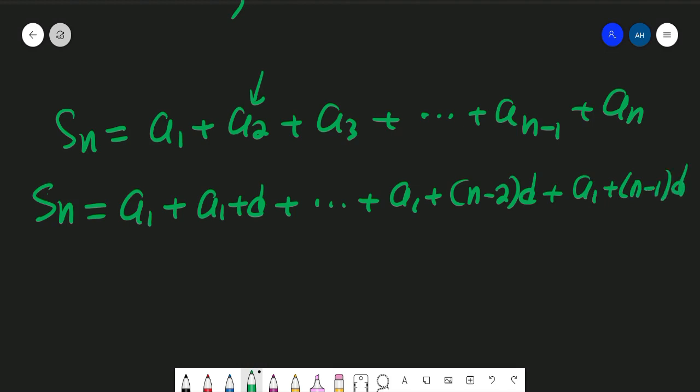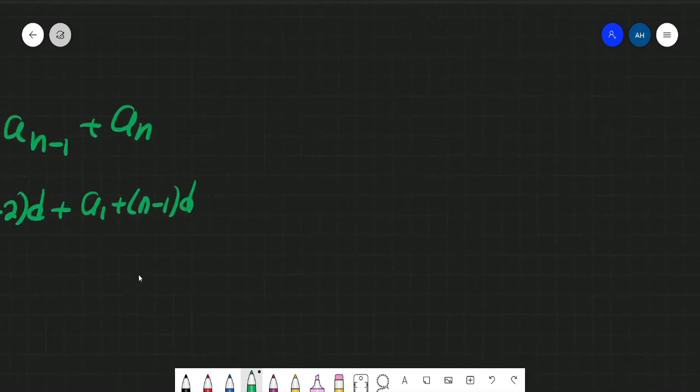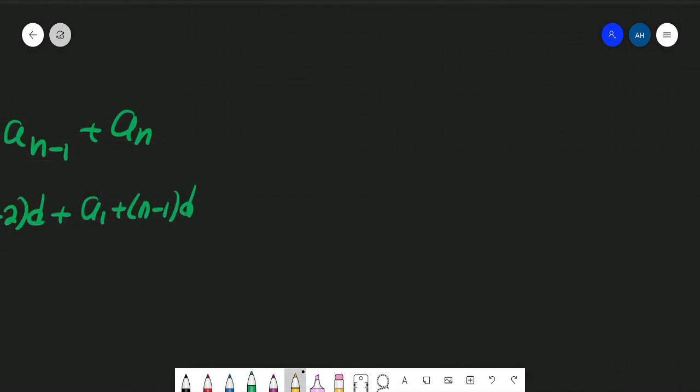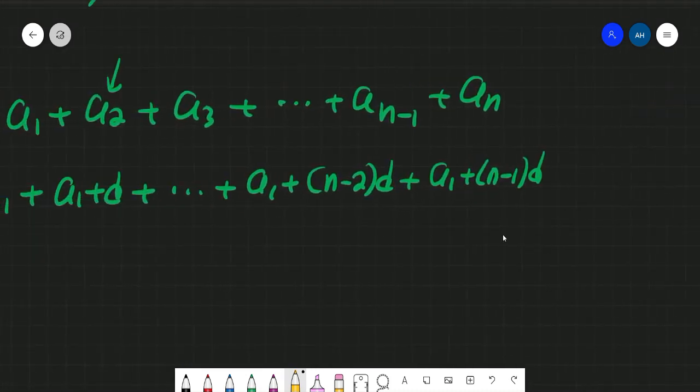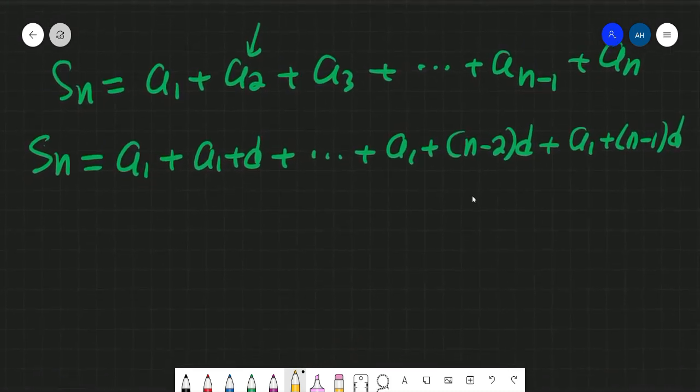I hope you still remember the formula that I'm talking about here. That is this formula, an, the nth term, equal to a1 plus n minus 1 multiplied by d. Alright, so this is Sn.